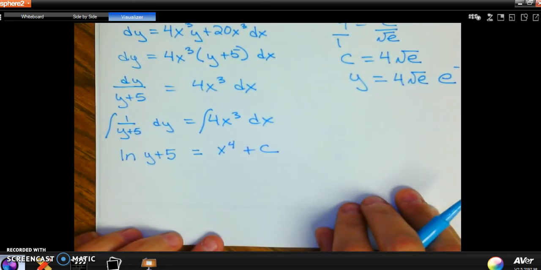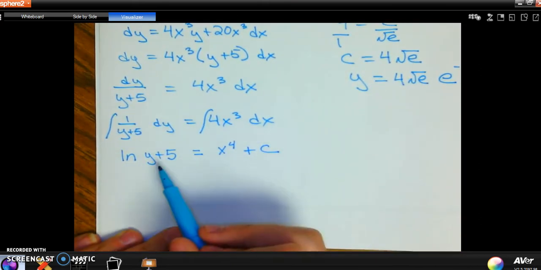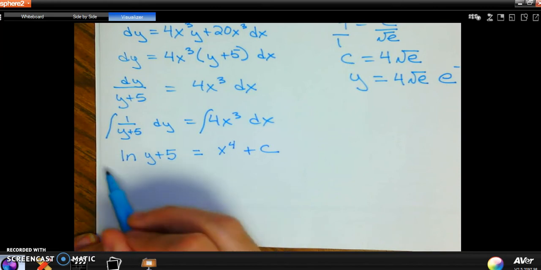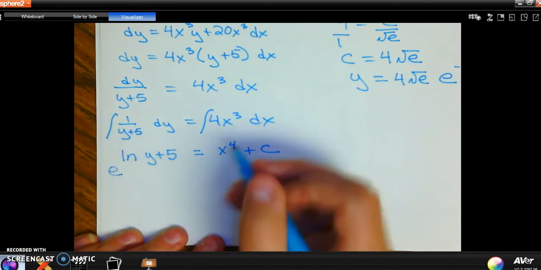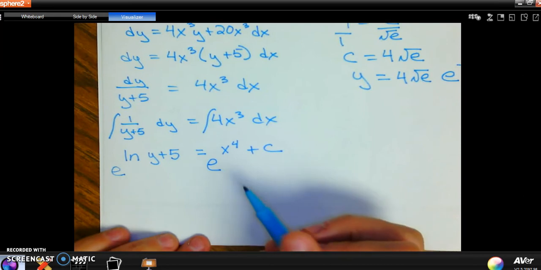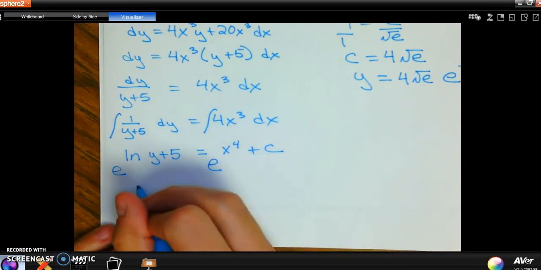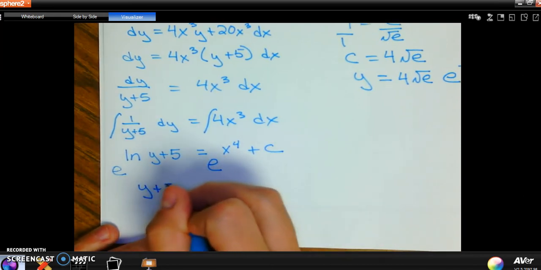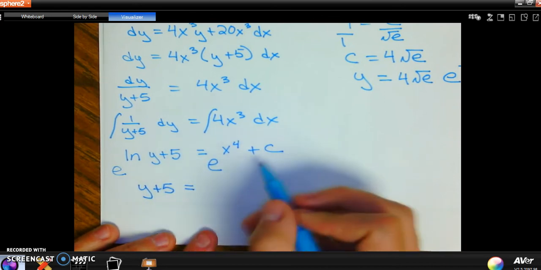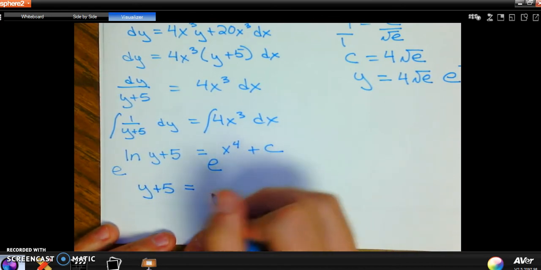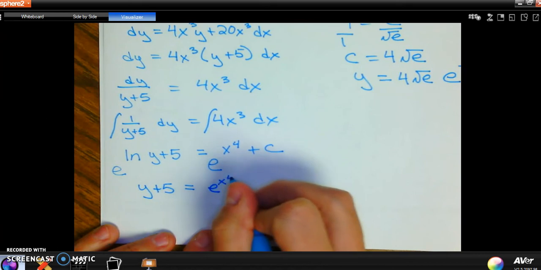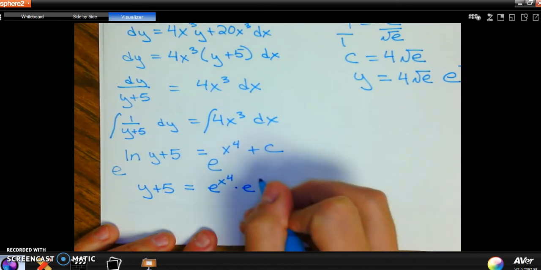Our goal here is to get y by itself. So to do that, we're going to have to e both sides, and then use that same property. The e and the ln are gone, so you've got y plus 5 equals, and if you need to write it out again, go ahead, e to the x to the 4th times e to the c.